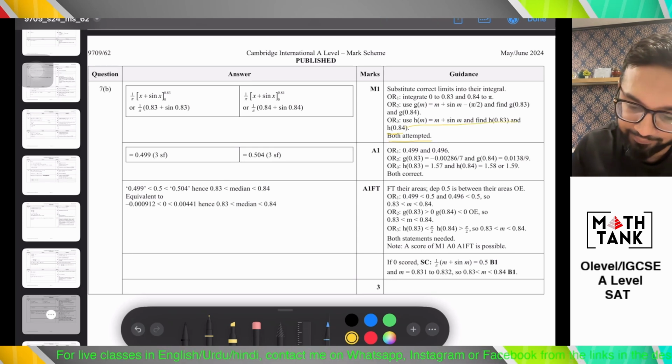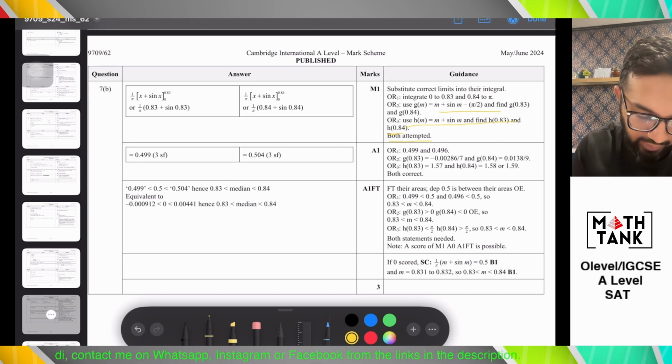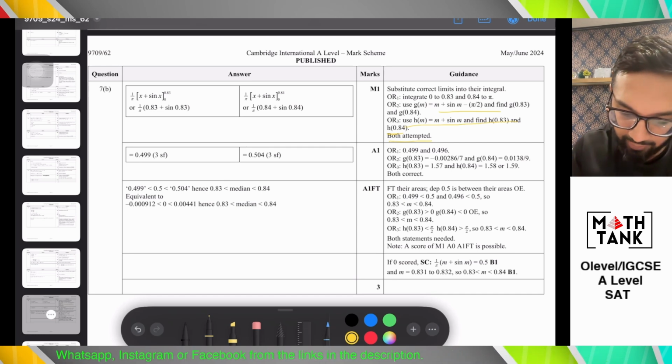You can see, all of these things would work. A change of sign would indicate a root, and that's what I've done.